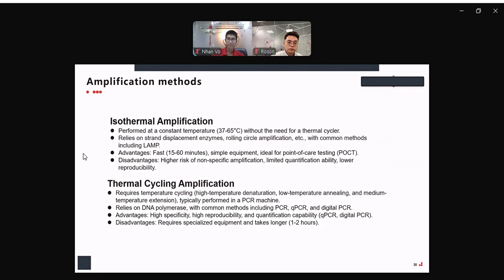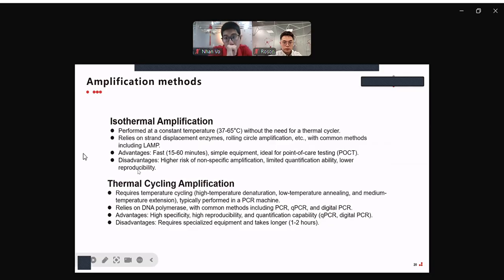So this kind of method easily leads to non-specific binding, because the more primers or probes they design into one system, the higher the risk of non-specific binding.